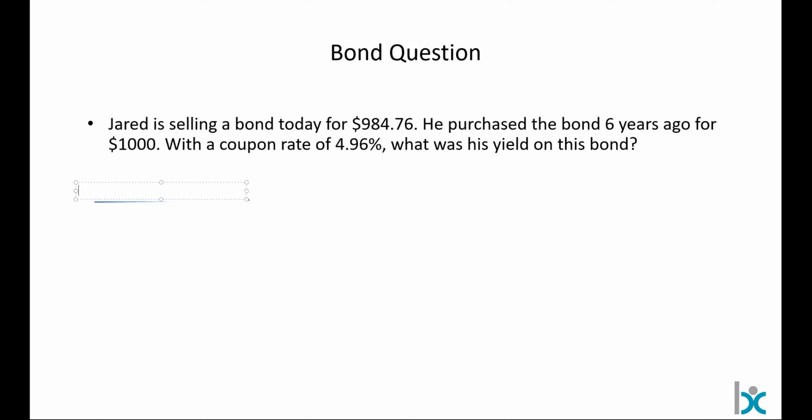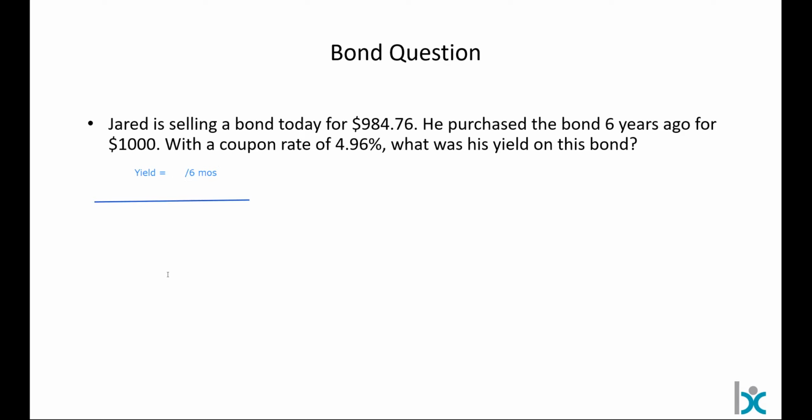Okay, it's true. It's always semi-annual with a bond. That's a great starting point, Connor. So we know that we're getting this 4.96% coupon rate. And whatever yield we're getting, that's going to compound semi-annually. Okay.